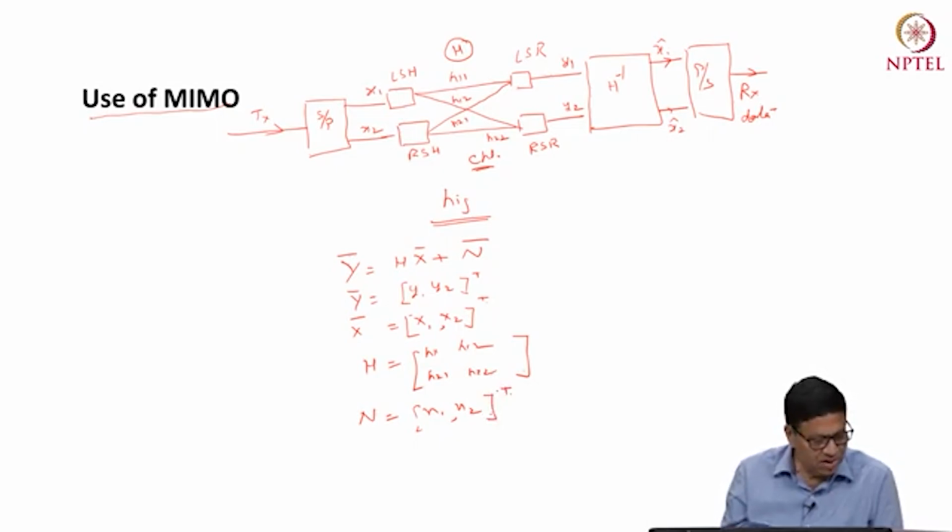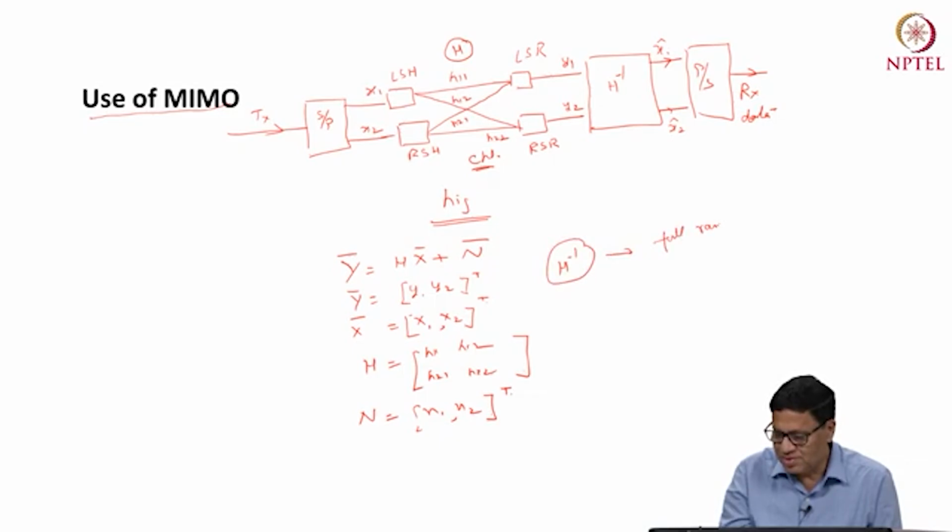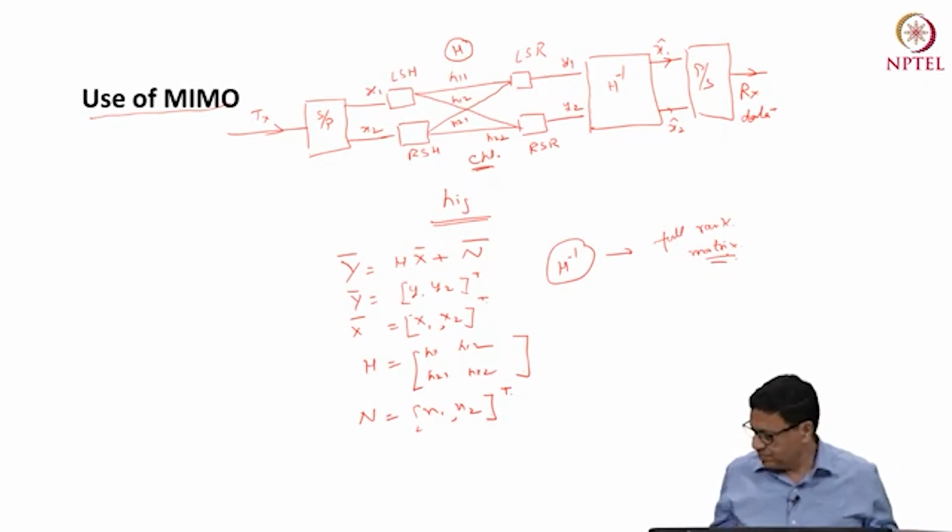So this is how you can model it. In order to take the inverse, H inverse, it has to be a full rank matrix. So one has to ensure that we get a full rank matrix, only then is the inverse possible. Using this, one can get better throughput or better performance in the system. So this is how MIMO principles can be used in vehicle-to-vehicle communication or car-to-car communication.